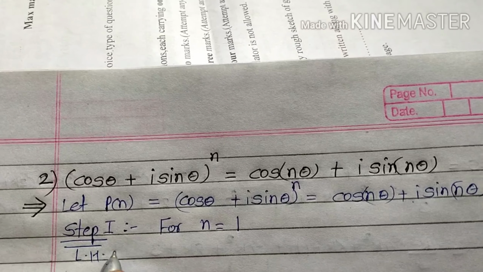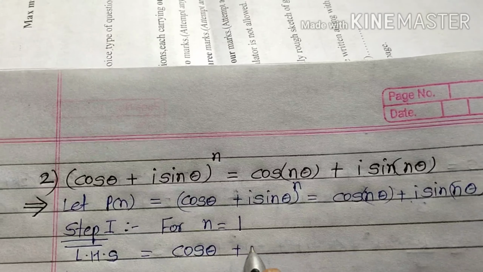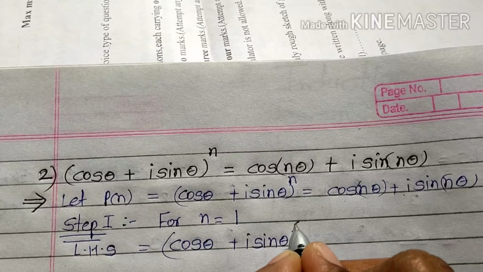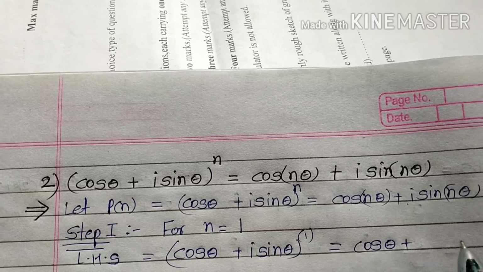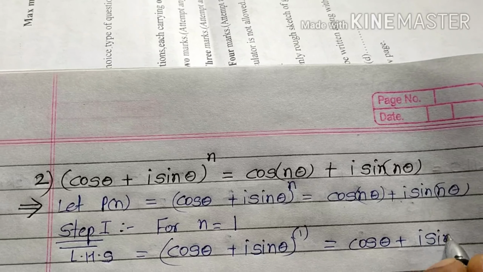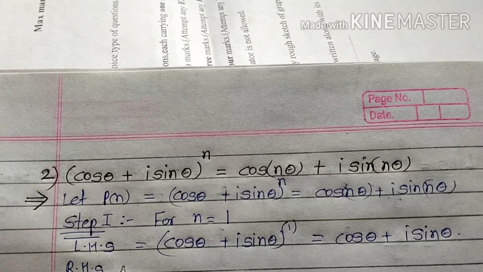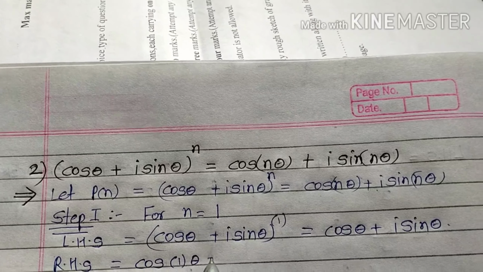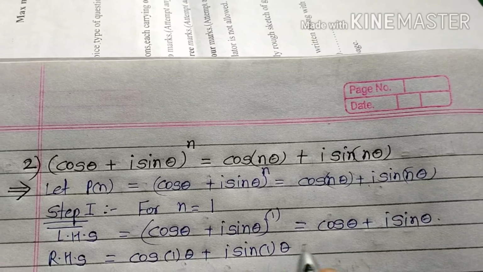So LHS is equal to cos theta plus I sin theta. Now take RHS: cos 1 into theta plus I sin 1 into theta.